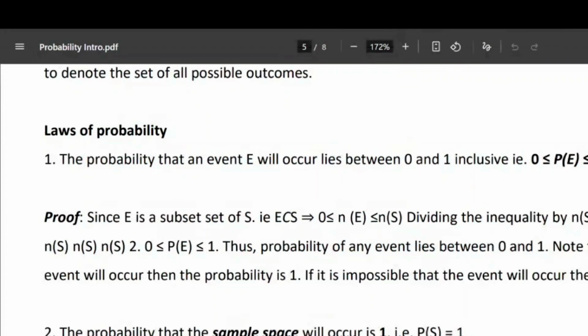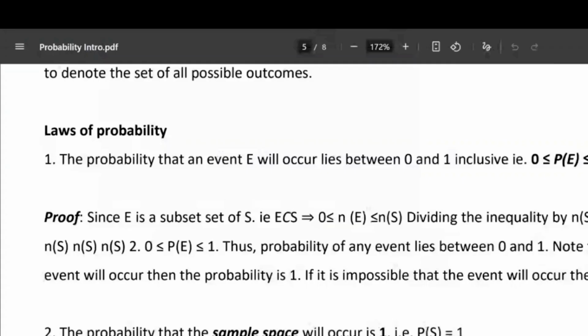If you get a negative probability, something is wrong. If you calculate a probability and get 1.1, 1.2, even if you get 1.00001, the moment it's more than 1, it is wrong. The highest probability is 1 and the lowest probability is 0. The rest are all in between.